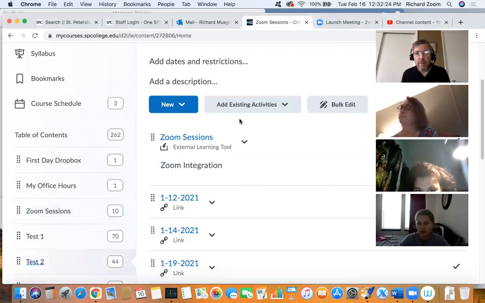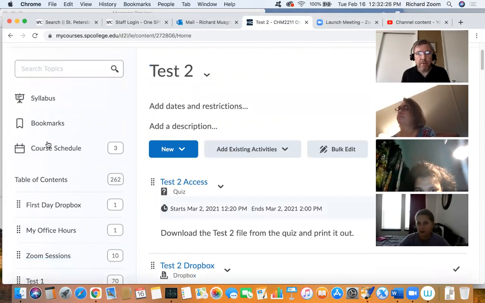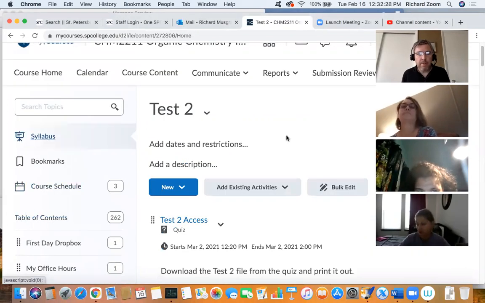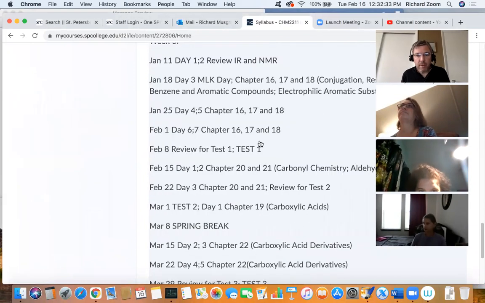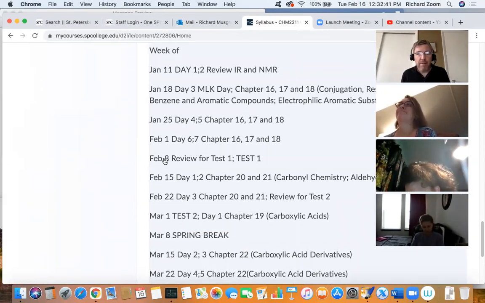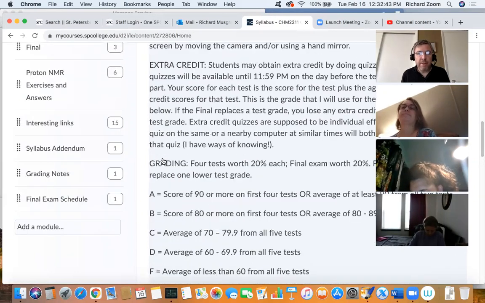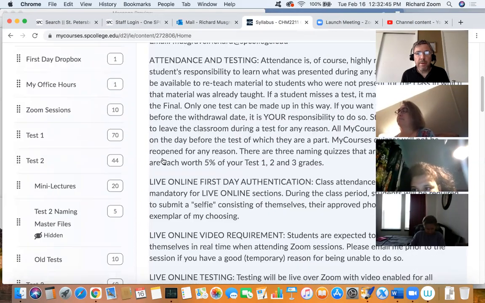All right, so we're going to start on test 2. Now, if you look at the schedule here, the syllabus, you'll see that test 2 is actually March 1st, which is really only 2 weeks away. But this test doesn't have as much material in it as the first one did.